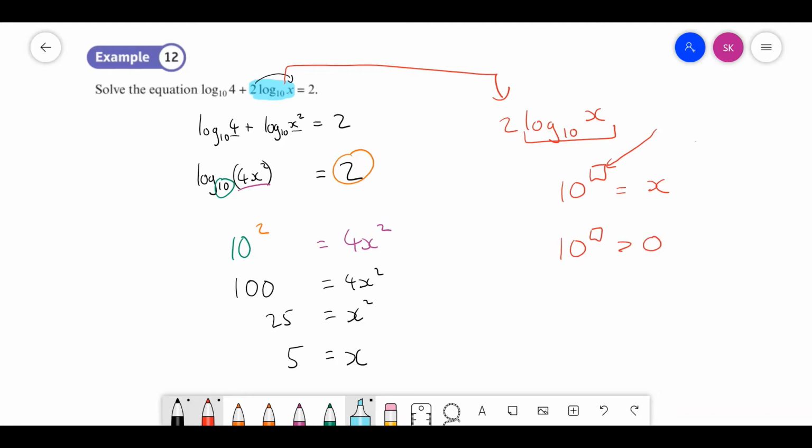Because 10 to the power of negative 1 is positive 1 over 10, 10 to the power of negative 3 is positive 1 over 1,000, and 10 to the power of 20 is obviously some really big number. So it doesn't matter what the power is, it's always going to be greater than 0. So therefore x is always going to be greater than 0. So when we go back to the square rooting over here, it's going to be positive 5 only, not negative 5.